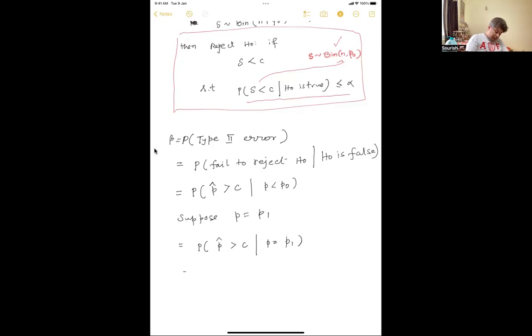Now, how can we do that? We know C is C alpha, and we can calculate this C alpha, that won't be a problem.